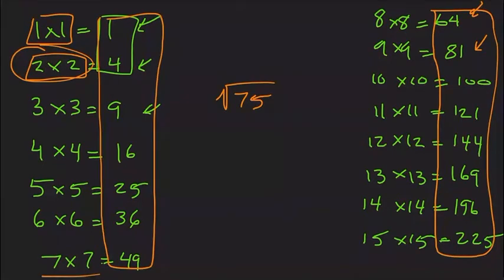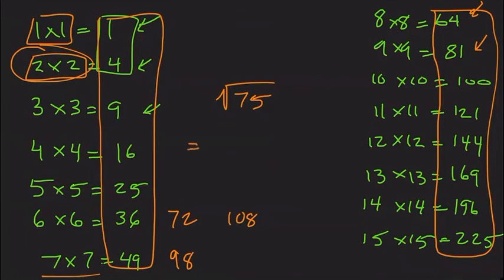64 does not go into 75 by multiplying. 49, let's see, 49 times 2 would be 98. That's too big. 36 times 2 would be 72. That's almost, but not quite. Because if you add another 36, you get, what would that be? 108. So not 36, but 25. 25 can go into 75 3 times.